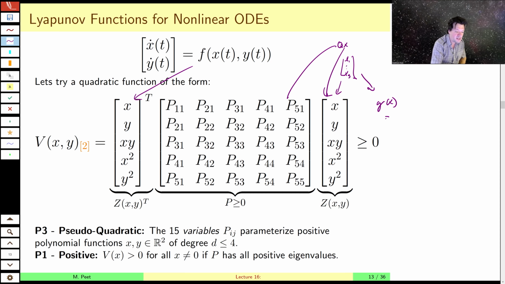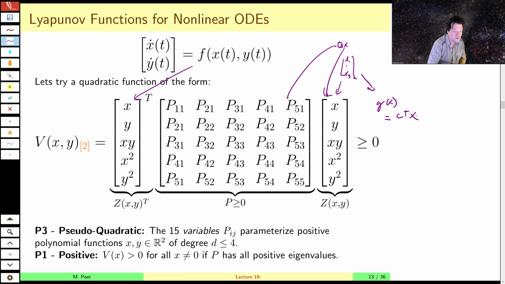Now we want to generalize this to squares which are slightly more complex, g of x. In this case, if we make g equal to a polynomial, for example, then we can represent it as C transpose Zd of x.